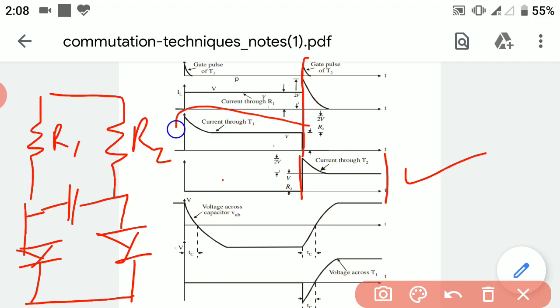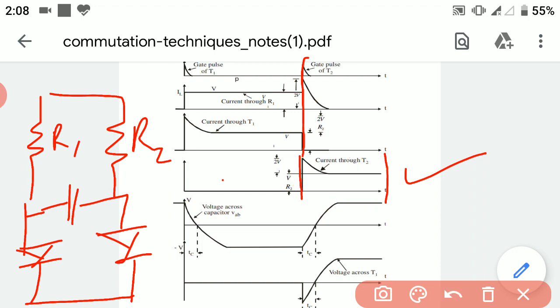At this instant the current was flowing through the thyristor T1, and in the next instant the current flows through the thyristor T2 when T2 is turned on. So both have complementary currents, that is, at first T1 was conducting, at the second instant T2 was conducting.